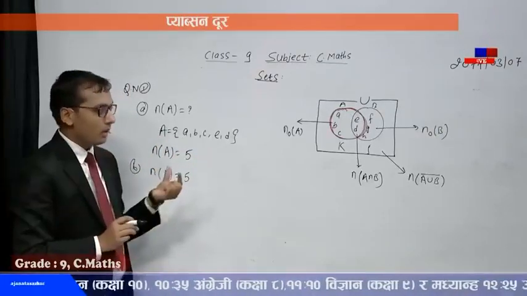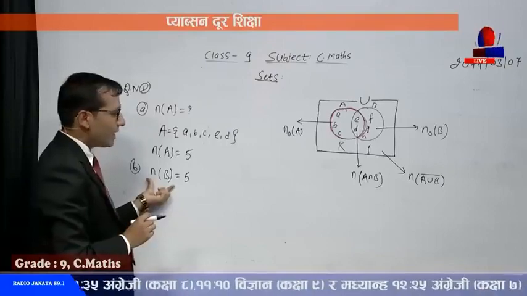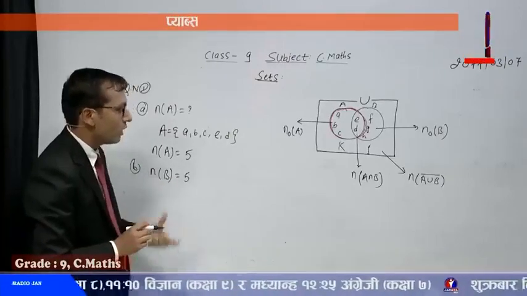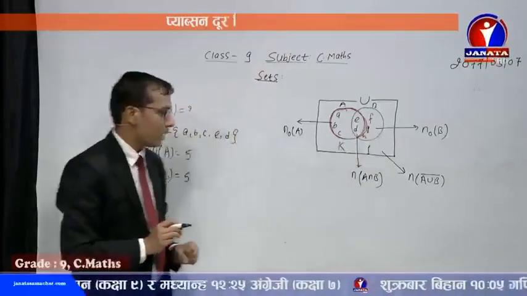Similarly, for B you can easily write it down by counting the total elements in set B.